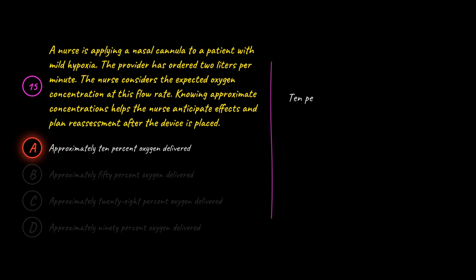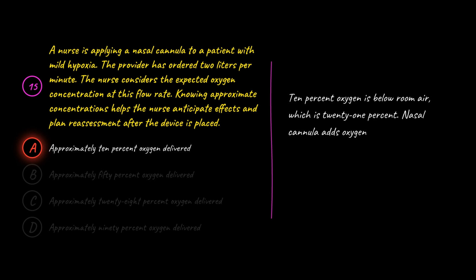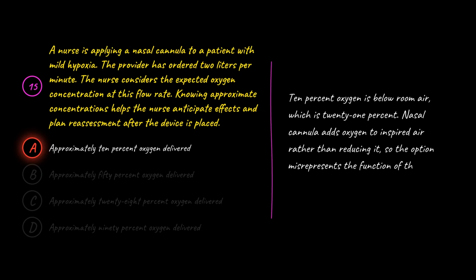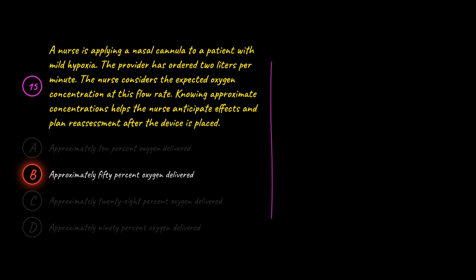A is wrong because 10% oxygen is below room air, which is 21%. Nasal cannula adds oxygen to inspired air rather than reducing it. So the option misrepresents the function of the device entirely. B is wrong because 50% oxygen exceeds what a nasal cannula can deliver.